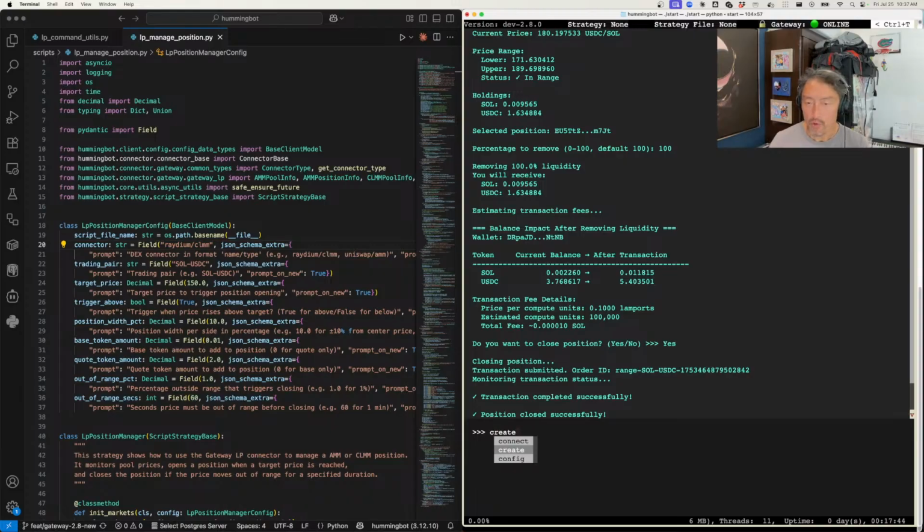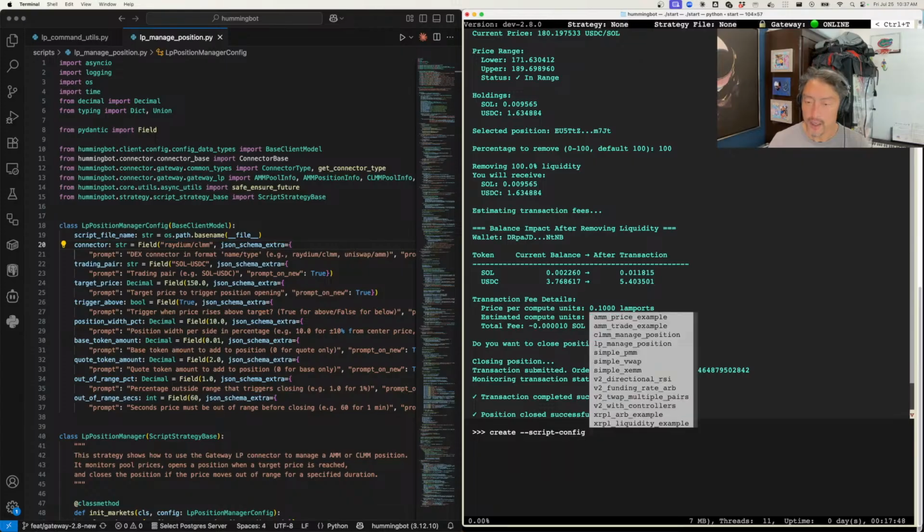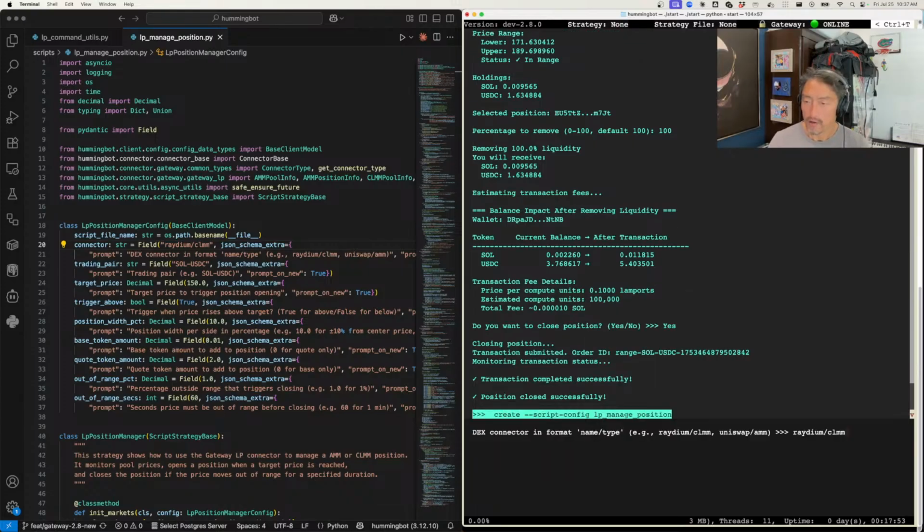So to do that, we'll use the create command, and we'll create a script config for this LP managed position script. The first thing we'll need to put in is the name of the connector. Now, we can use either Raydium AMM or CLMM for this. For the CLMM one, it will actually watch the amounts you put in, and if the position is active, it will take it out.